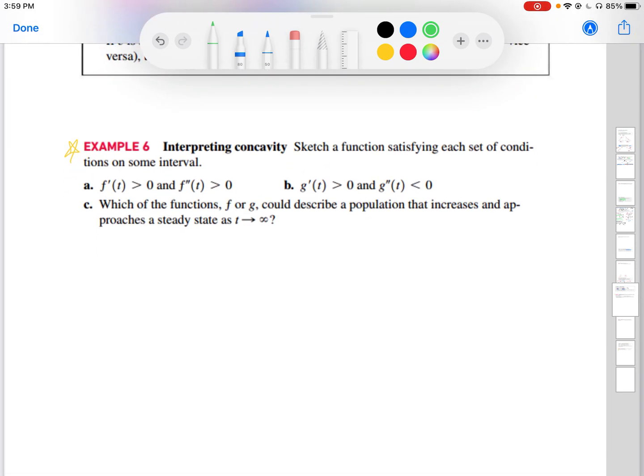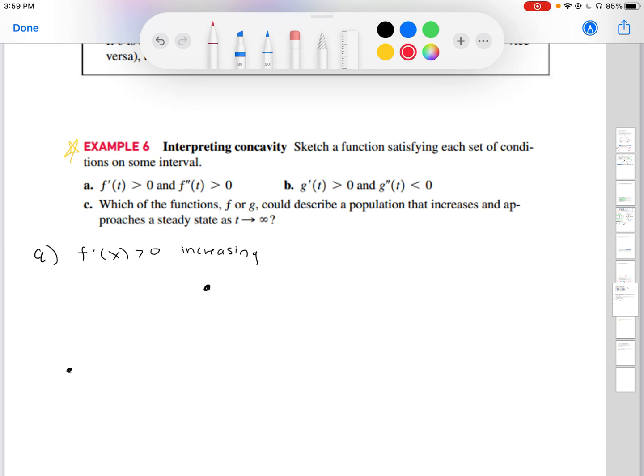Example 6. Sketch a function satisfying each of the set conditions on some interval. So first we have the first derivative is greater than 0 and the second derivative is greater than 0, meaning positive. So for A, that first derivative being greater than 0 means it's increasing. So all this says is my points start down and go up, right?